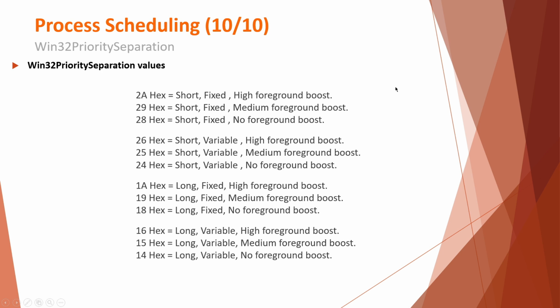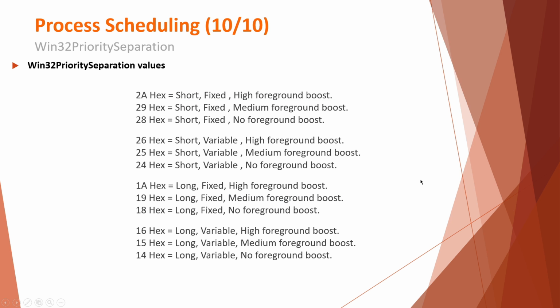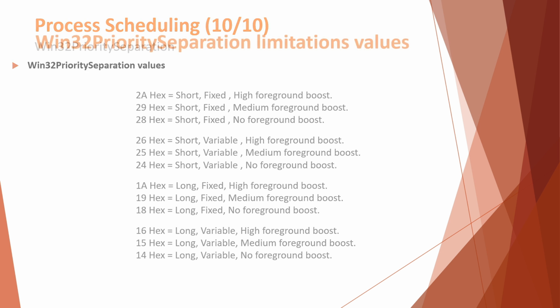Now, after we talked about everything related with Windows 32 priority separation, we can understand and read this table. Here we have again all possible values with their description. For example, we have short, fixed, high foreground boost. You can understand what that means. We have long, fixed, high foreground boost. And now it's easier for you to understand what every single option means, every single value.